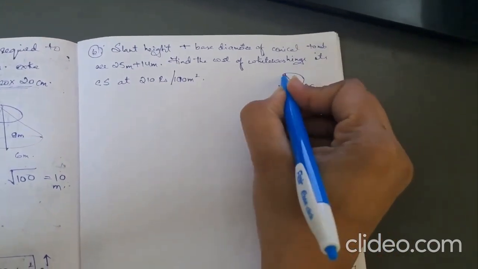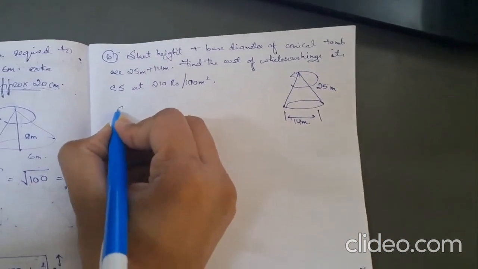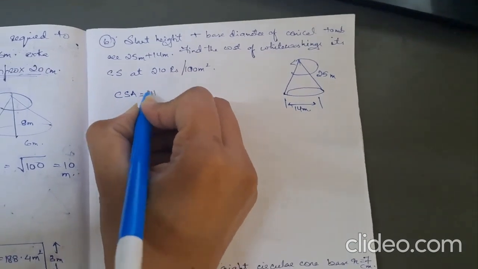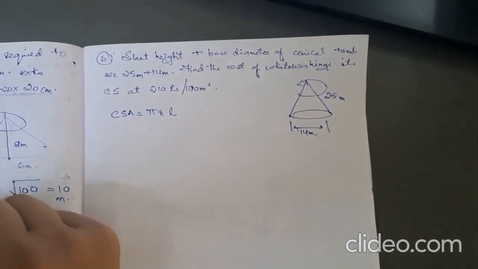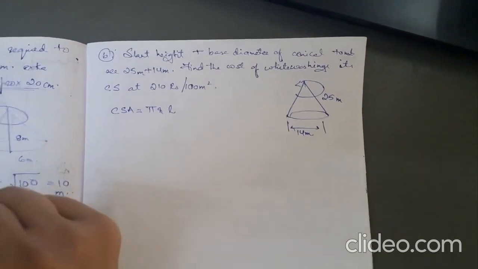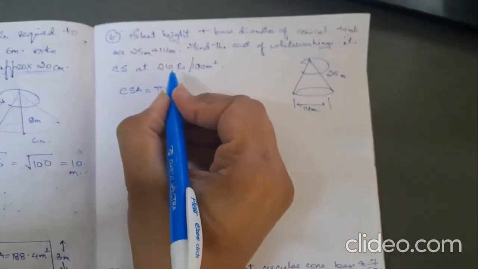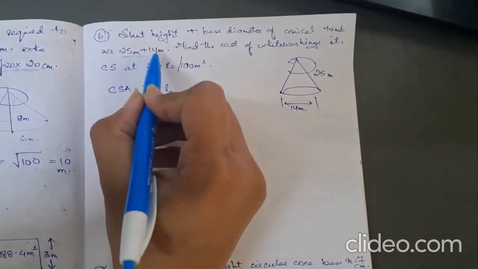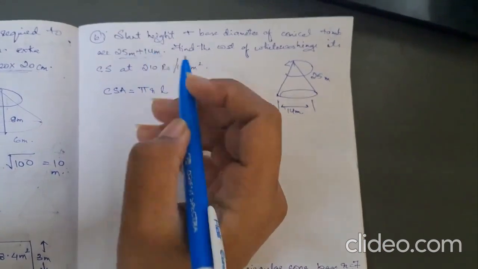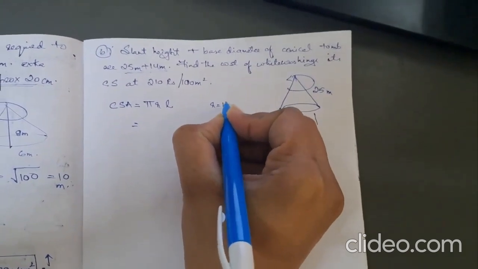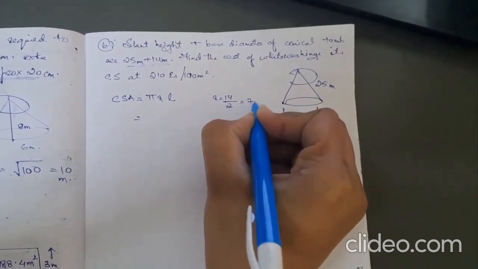Okay, going ahead, find the cost of whitewashing its curved surface. Whitewashing the curved surface. That means this area. So curved surface is nothing but the CSA that they are asking for. So the CSA, I need to calculate pi r L. Here in this particular question, they did not give me what my pi value is going to be. So depending upon the question, I see there is 25 and 14. So what I can do is, let me just take the r, which is 14 upon 2, that becomes 7 meters.